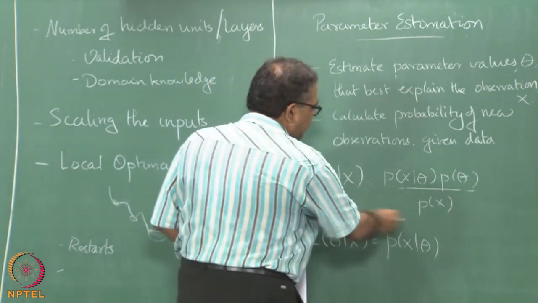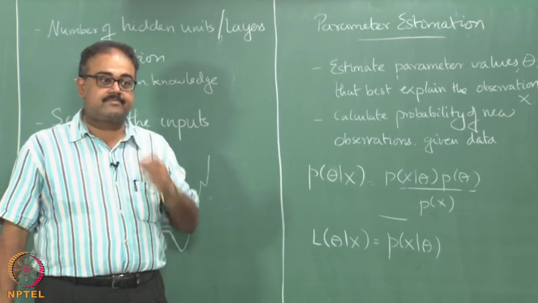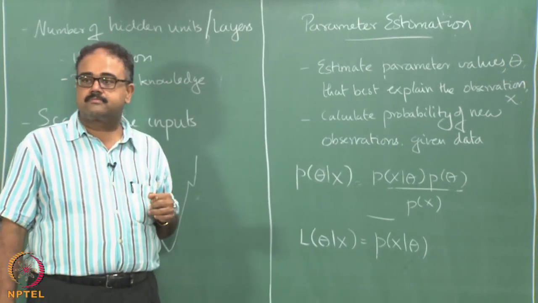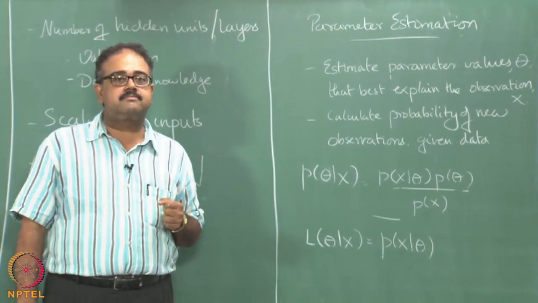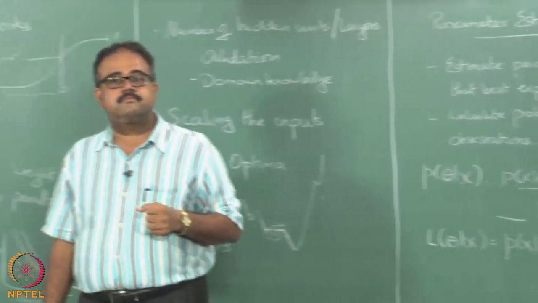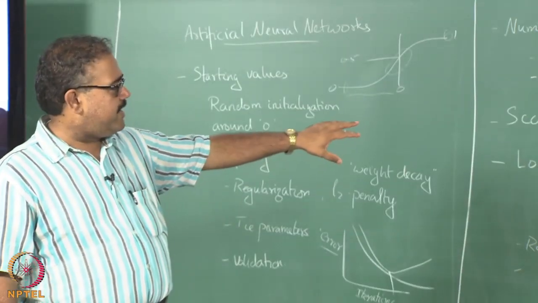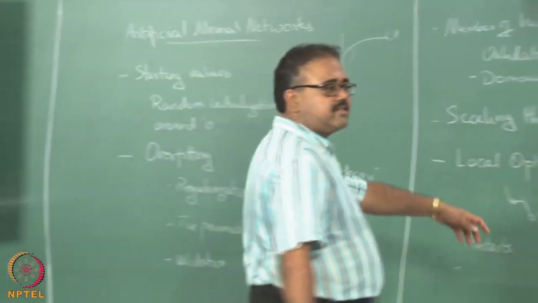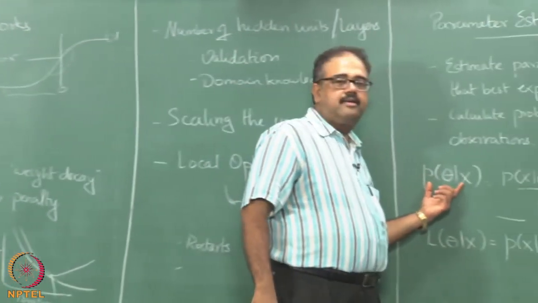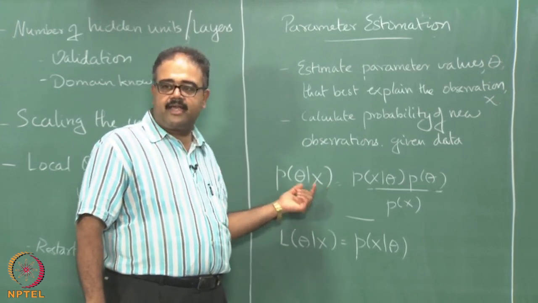So why are we interested in the likelihood? Yeah. So what I am really interested in is to find that theta that best describes the data. So essentially what I am interested in is finding the theta that has the maximum probability, given the x, which theta has the maximum probability.